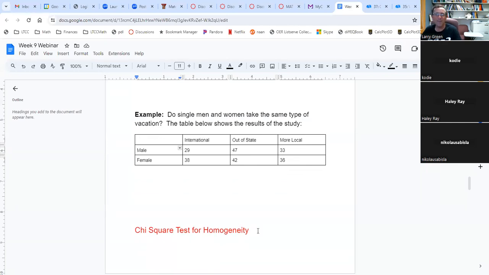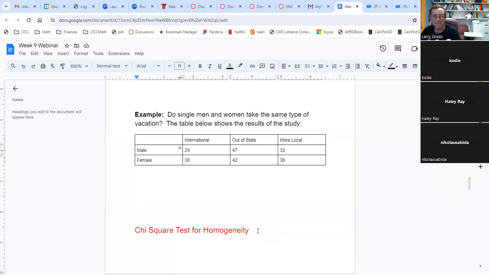I want to give you a little history. When I first adopted the book, I had done a lot of consulting work for different agencies and organizations, and I found that the test for homogeneity was one of the most common tests I needed to use.